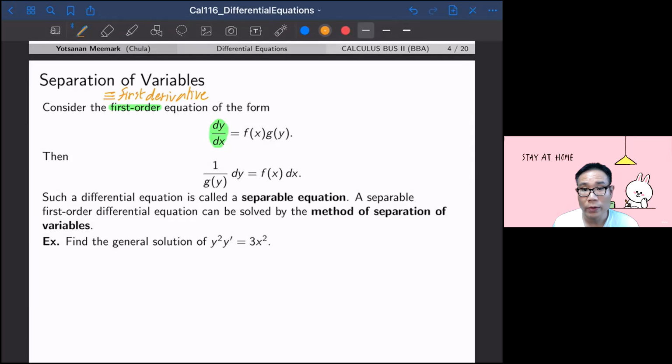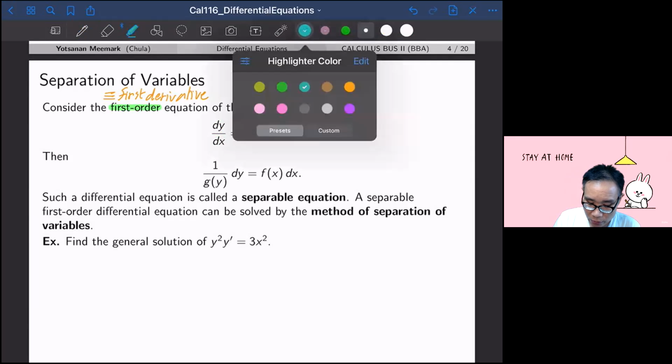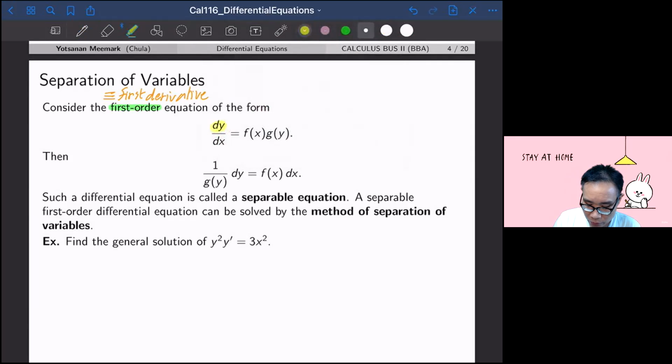So it's going to be an equation involving only the first derivative, and you have dy/dx equal to f(x) times g(y), and you see that you can separate the variables, so you allow y to be together with g(y) and x together with f(x).